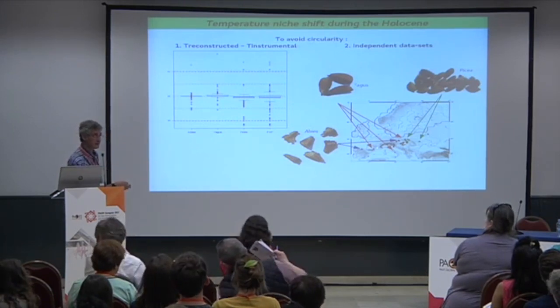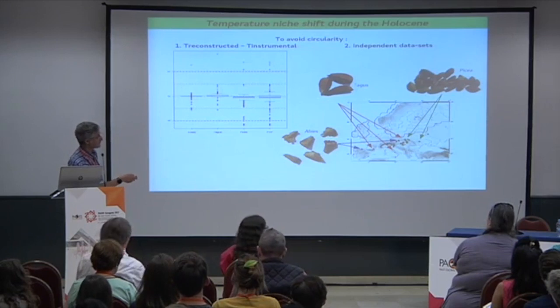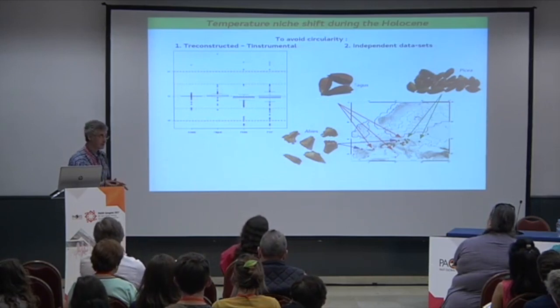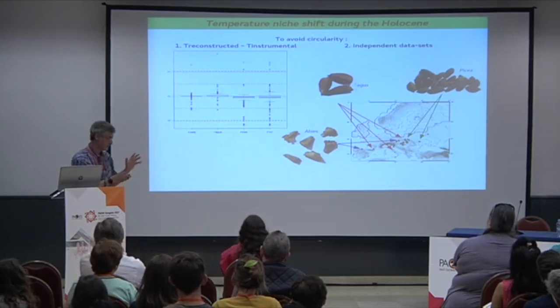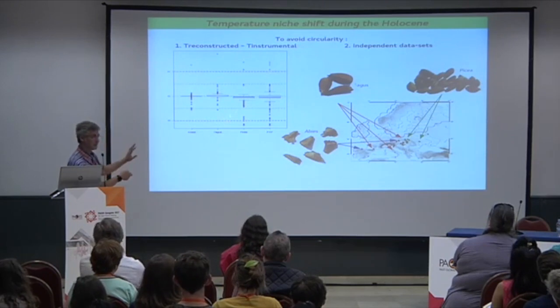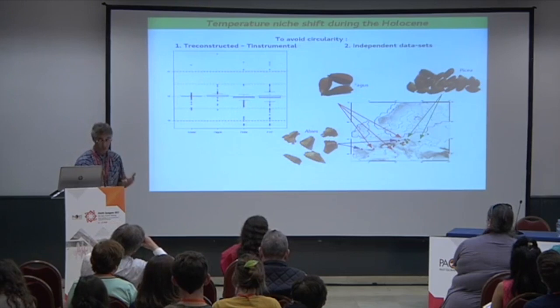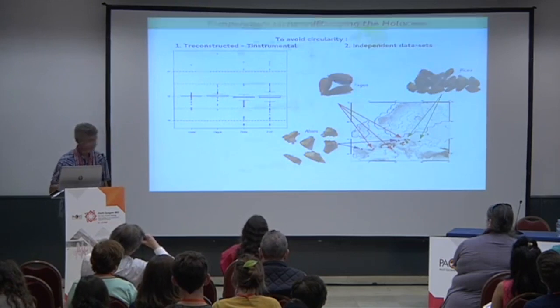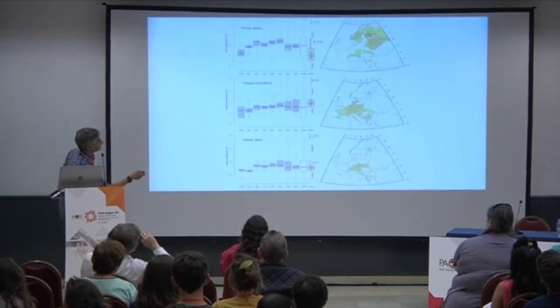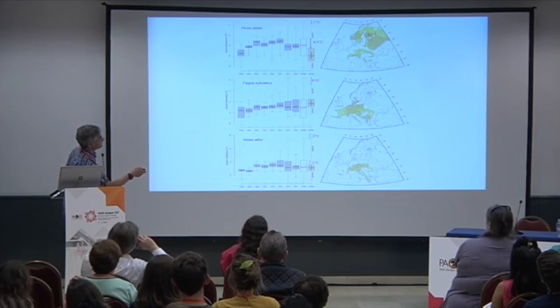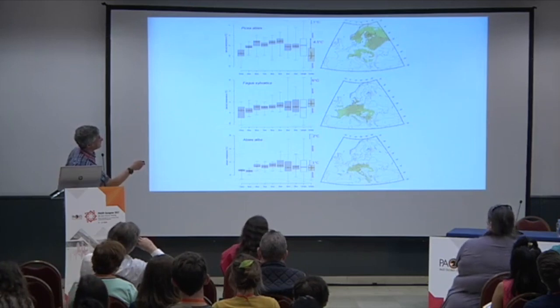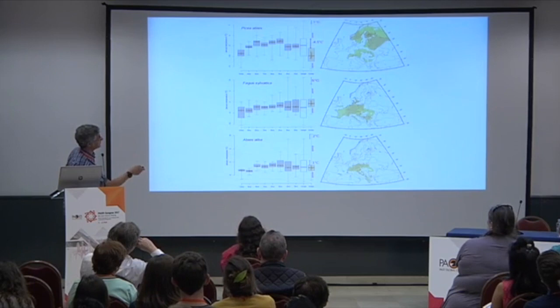For the species occurrences, we have used pollen and macrofossil remains from the literature. So here we have climate that is more or less robust, and species distribution that is more or less robust too. Okay, so we ended up with this situation. This is today the distribution of spruce, beech, and silver fir.